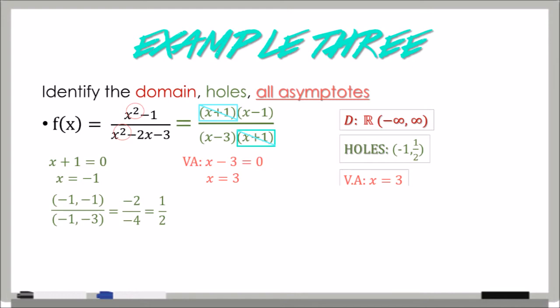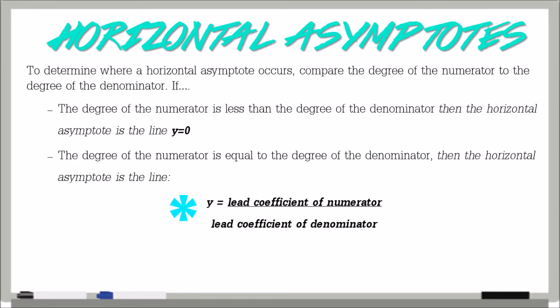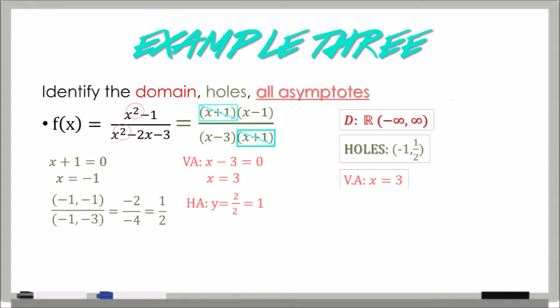If you look back at the vocabulary we had in our notes, you'll see that if the degree of the numerator is equal to the degree of the denominator, then the horizontal asymptote is the line y equals the leading coefficient of the numerator over the leading coefficient of the denominator, which in other words, the horizontal asymptote would equal 1.